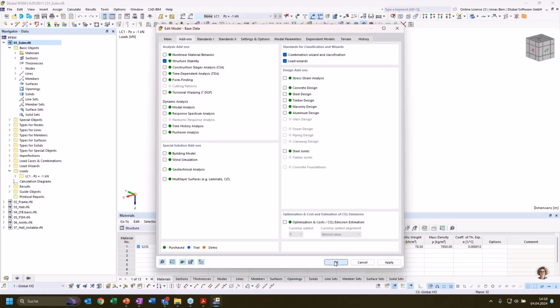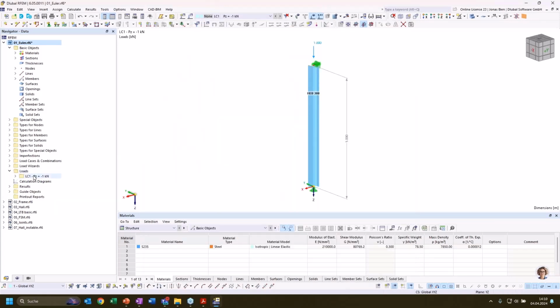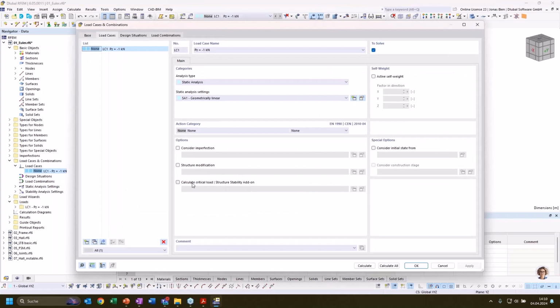As soon as I do that, we have the options to activate structural stability analysis, or this critical load calculation, for a specific load case or for load combinations. So now I open this load case where my 1 kilonewton is applied to the column head, and I activate the calculation of the critical load.